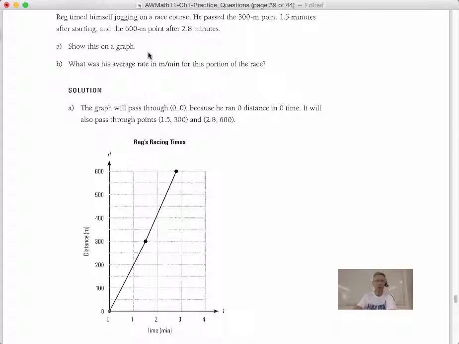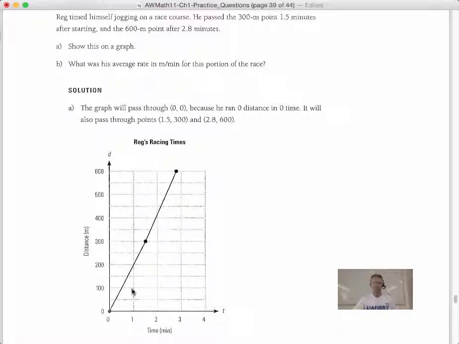So really we have 2 points. I imagine he starts at time 0 at 0 meters, so it makes sense to put this point right here. And then after 1.5 minutes he's reached the 300 meter mark. So 1.5 in time, and we go up, and at 300 meters we plot a point.